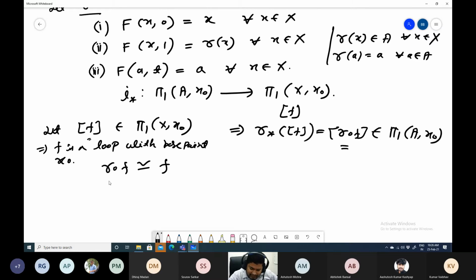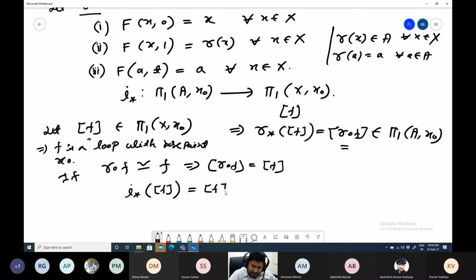If this is true, that implies R of f is the same as f.